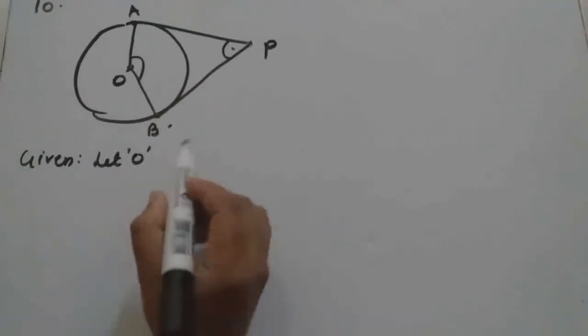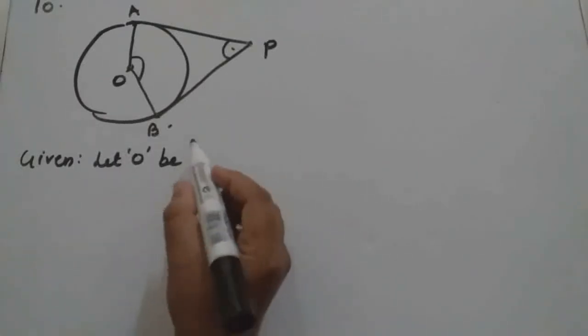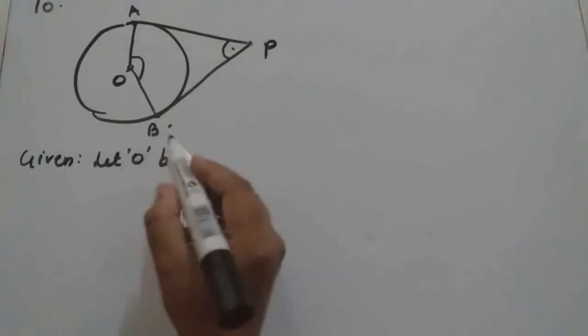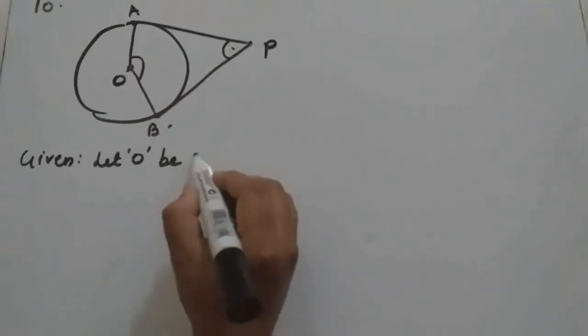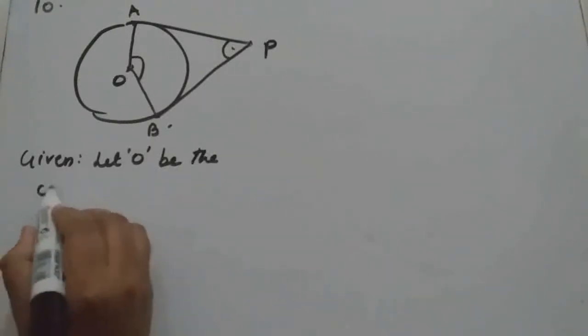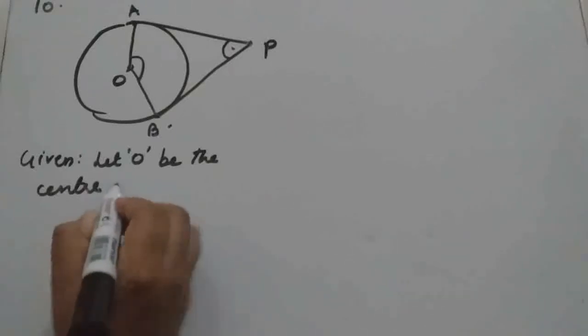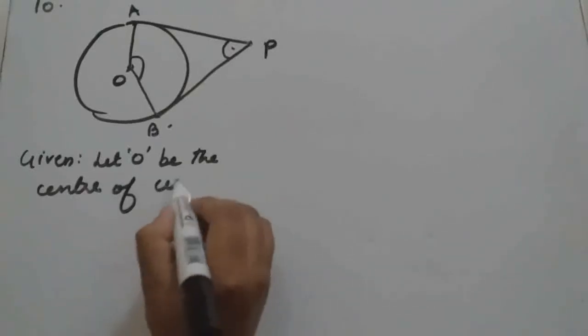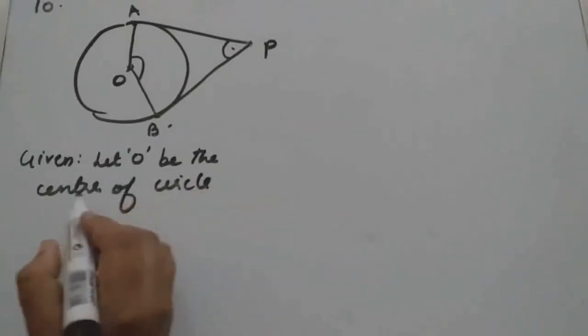see, the figure is not given in the question. So we have drawn the figure. So we have to describe it also. So let O be the center of the circle.